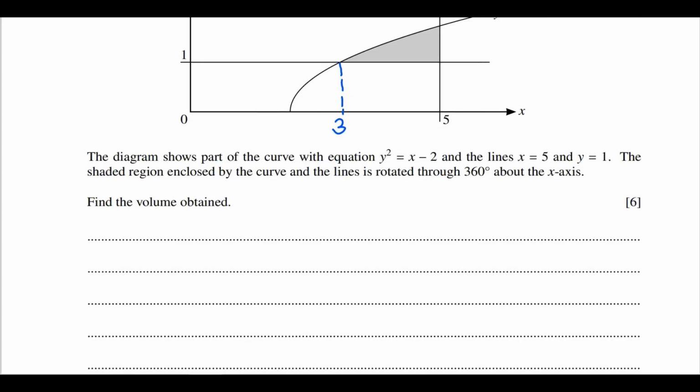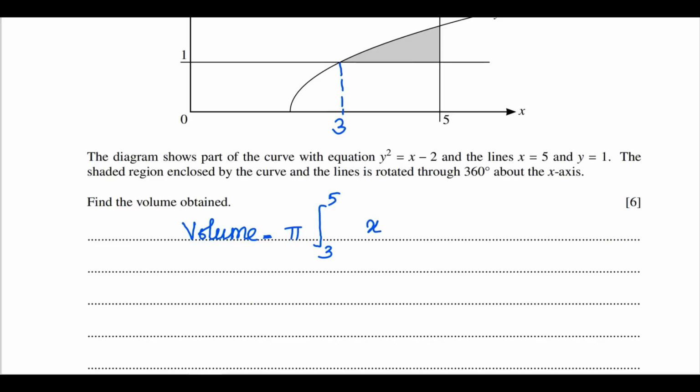So to find the volume, we have to integrate. The formula is pi integral, and the limits here are 3 to 5, y square dx. Okay, to find the area enclosed by the shaded region, which is nothing but the curve minus the line equation.